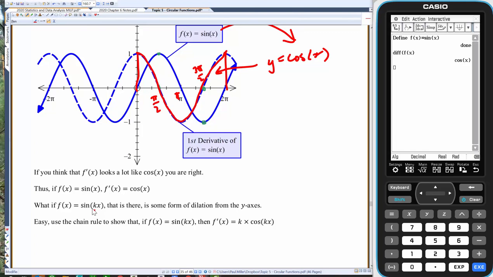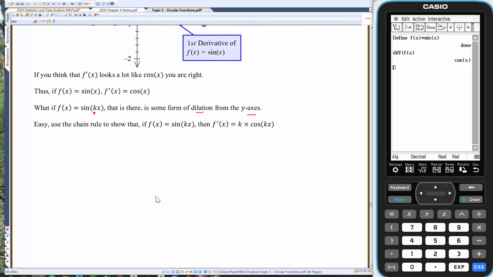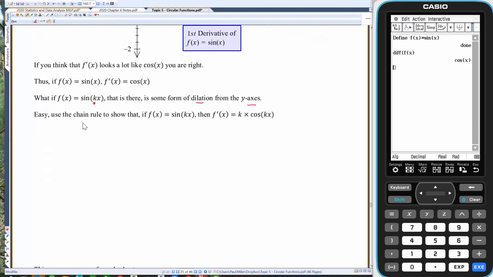What if it's got some k value there, a dilation from the y-axis? Well, we can actually use the chain rule to do that. So if my function is f(x) equals sin(kx), then I'm going to say that y equals sin u, where u equals kx. I'm going to make that u substitution. Now remember that we do dy/du.